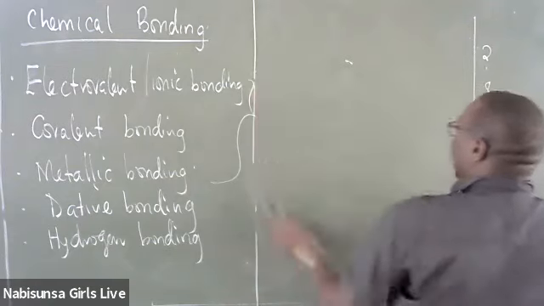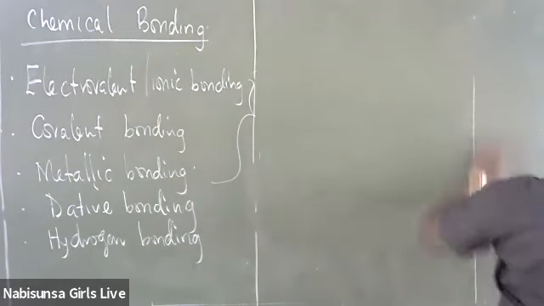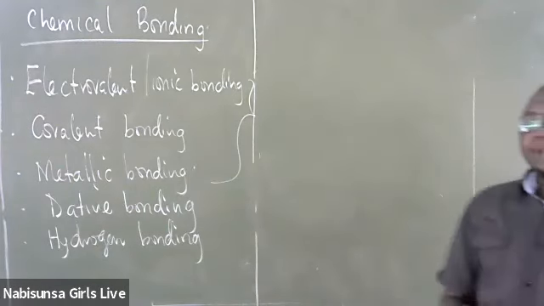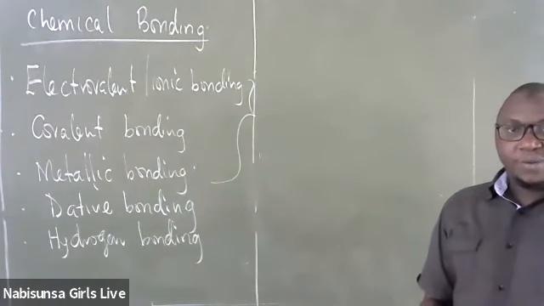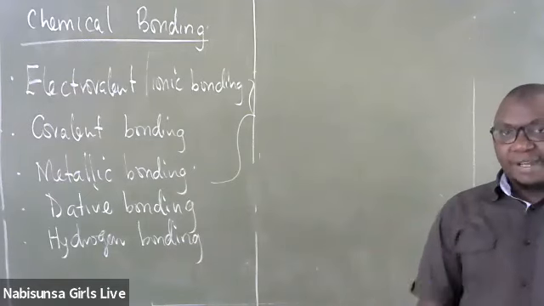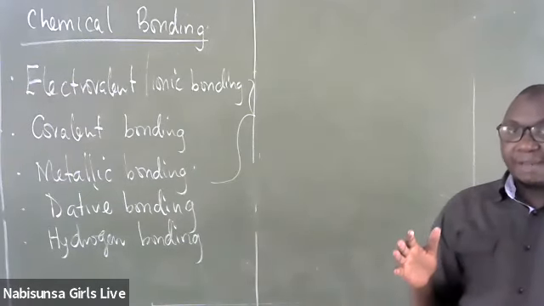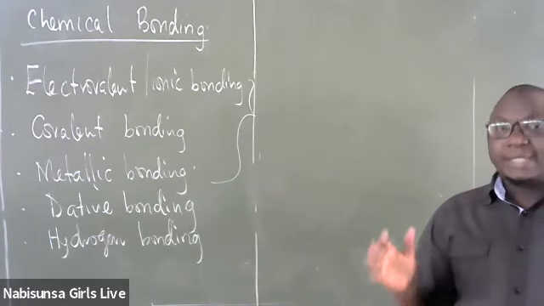We don't need to rush, because remember, this is the chapter that opens all the entire doors of chemistry. When you fail atomic structure and chemical bonding, your life of chemistry might become much harder than you expected.